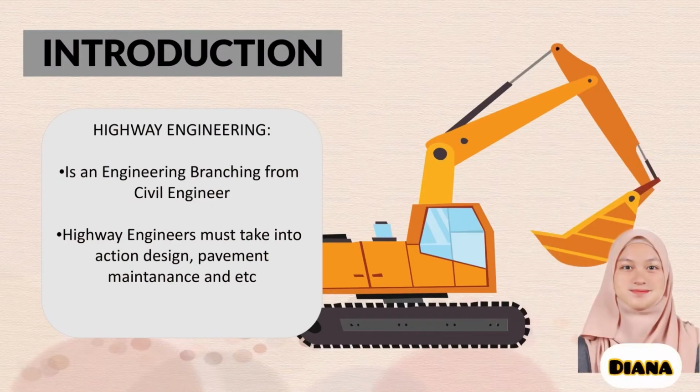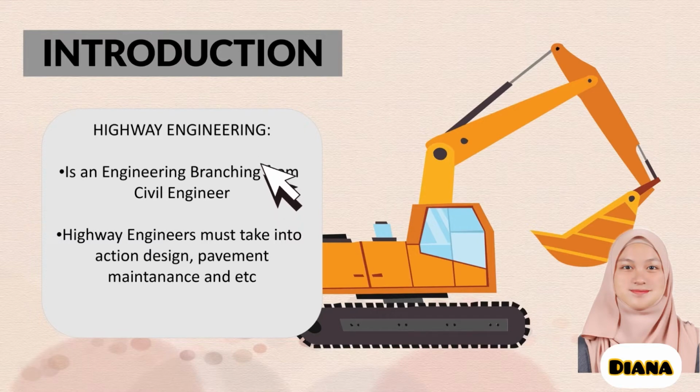I will begin with the introduction for highway engineering. So basically we know that highway engineering is an engineering discipline branching from civil engineering that involves the planning, design, construction, operation, and maintenance of roads, such as bridges and tunnels.